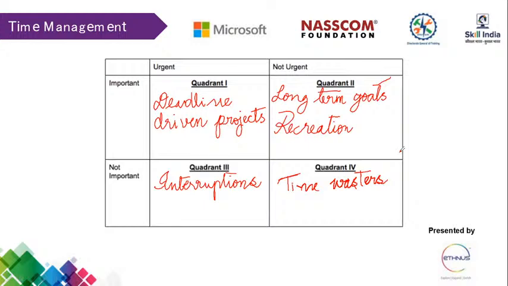So this grid is called Covey's grid, and it is important because it helps us realize which quadrant we need to work on, which task we need to work on, and that is nothing but the first quadrant, which is urgent and important.